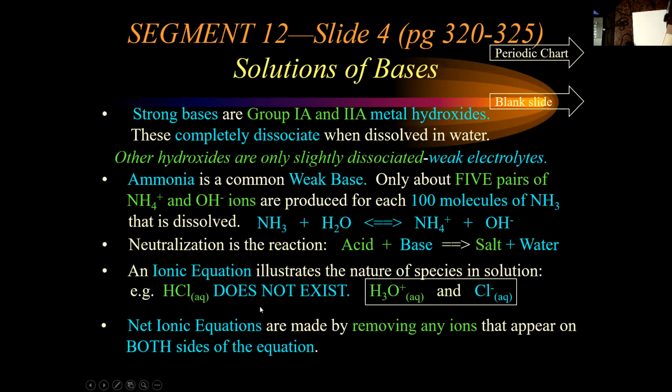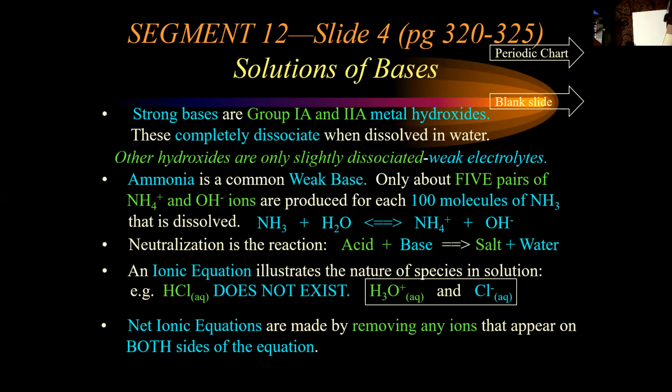Now, when you write down the equation for a reaction, you can convert to the ionic equation by just going into each species, and we've done this already. If it's soluble, you separate the ions. If it's a strong acid, you separate the ions. If it's insoluble, you leave the compound together as a solid.